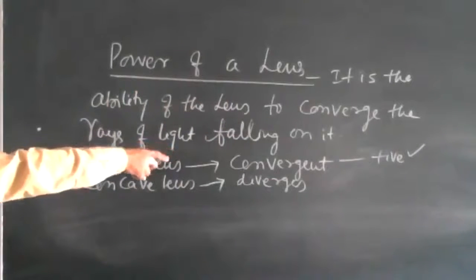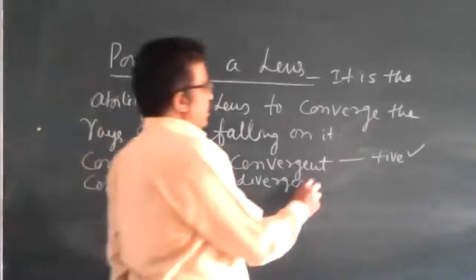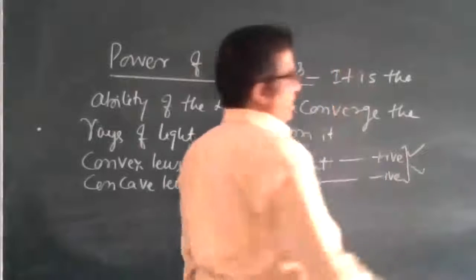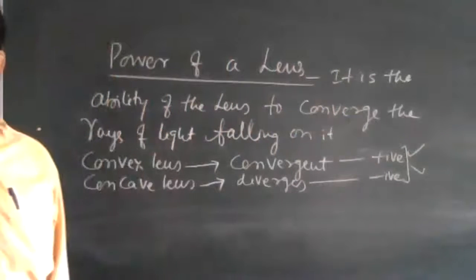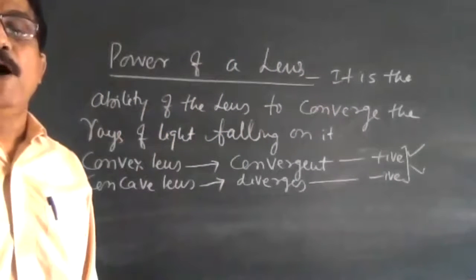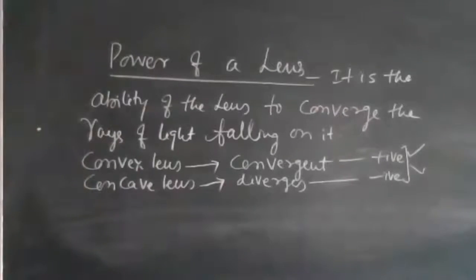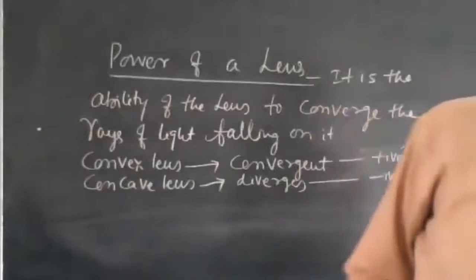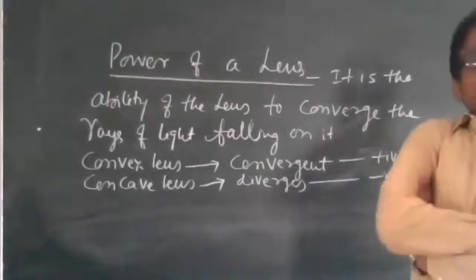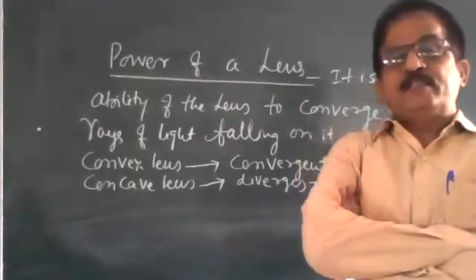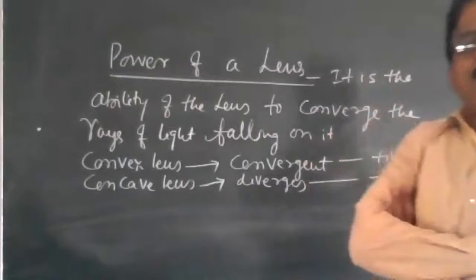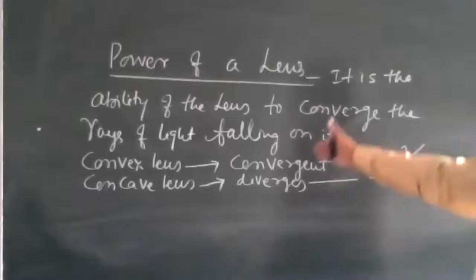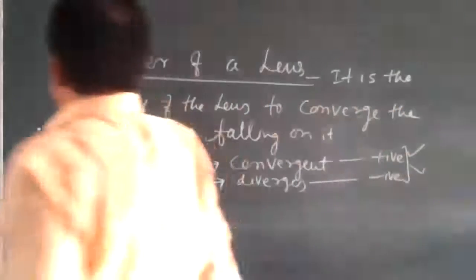So power of a concave lens is said to be negative. Power of a concave lens is said to be negative. लिख लीजिए ये. It is the ability of the lens to converge the rays of light falling on it, for convex lens and concave lens we have written here.